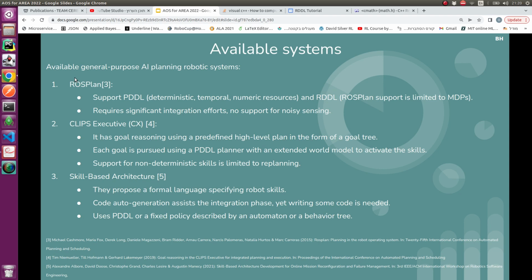So if something happens unexpectedly, then you need to perform replanning, and this can cause repetitive behavior. They also support RDDL, but not fully. They don't support partially observable domains or noisy sensing. They require significant integration. We experimented with this system, so it's a good system, but it has its drawbacks.